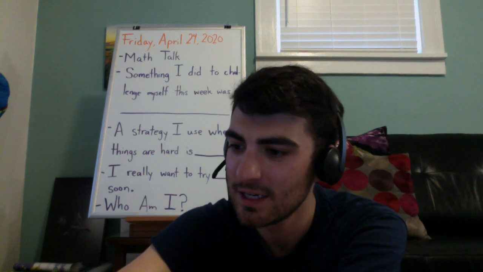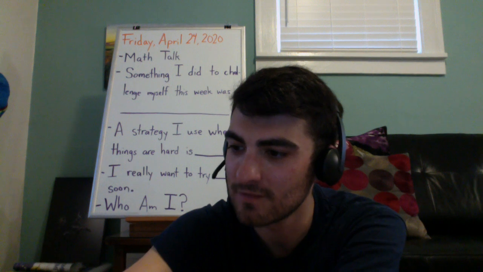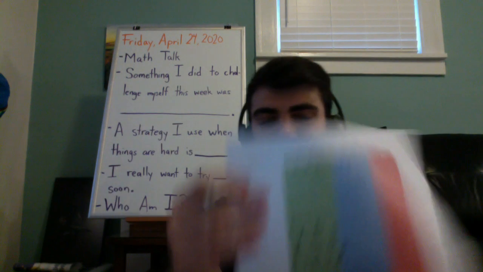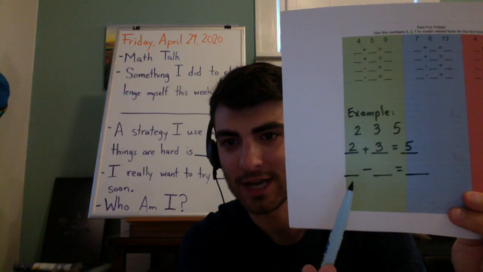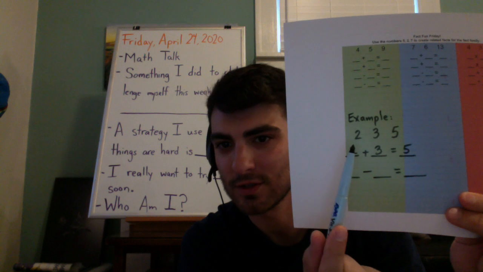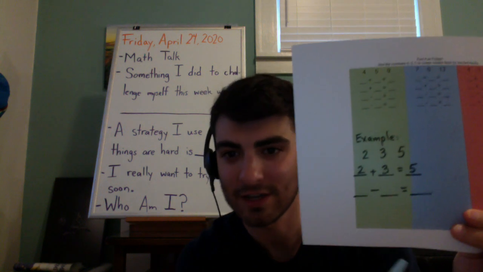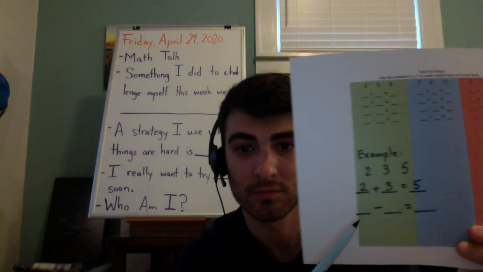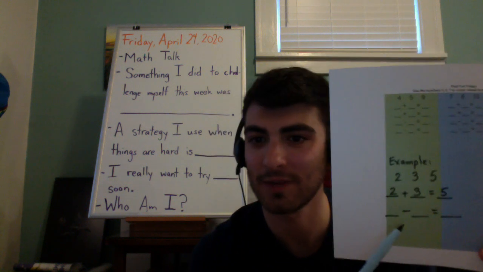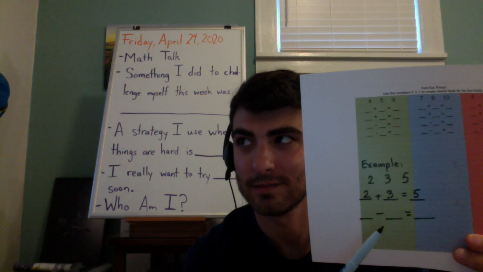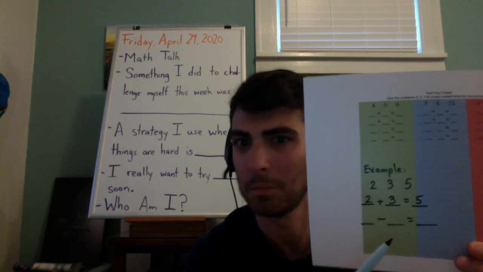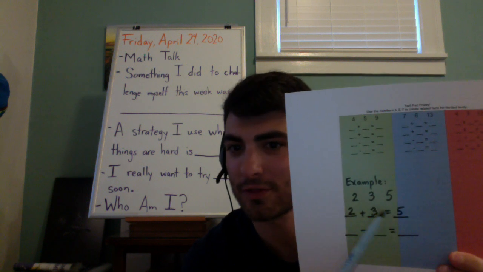What's a subtraction fact that could now use the numbers 2, 3, and 5? Well, let's see. If I start with 2 and I take 3 away, am I left with 5? No. Let's see if I start with 3.